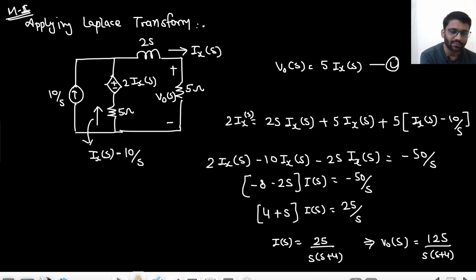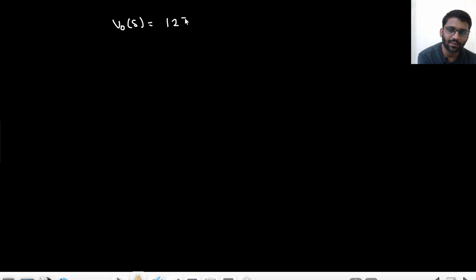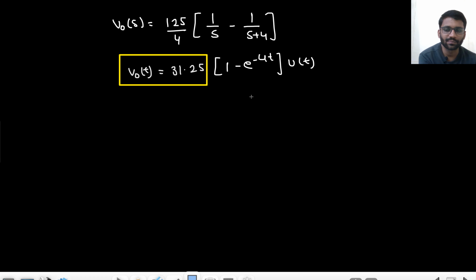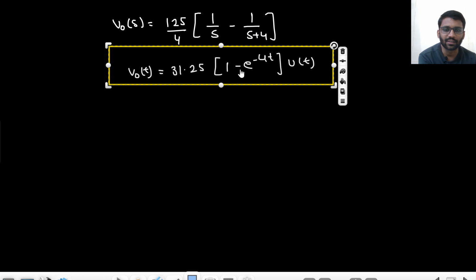So V naught S would simply be 125, and here if I write 1 by S minus 1 by S plus 4, so at upper 4 will come, so here I can divide. So it would be 31.25 times 1 minus e to the power minus 4t u(t). So this is what I am getting, V naught t. So this is also correct. So it was absolutely correct, nothing was wrong.